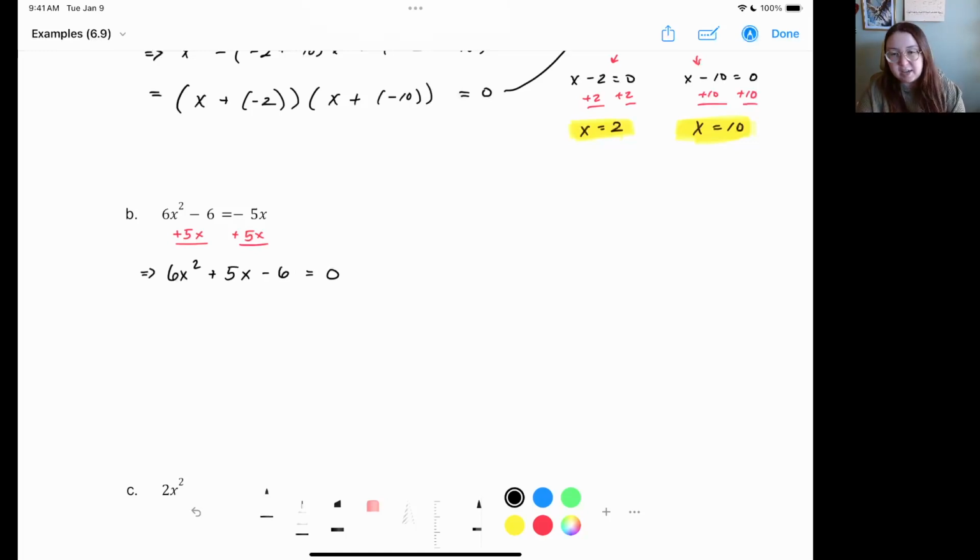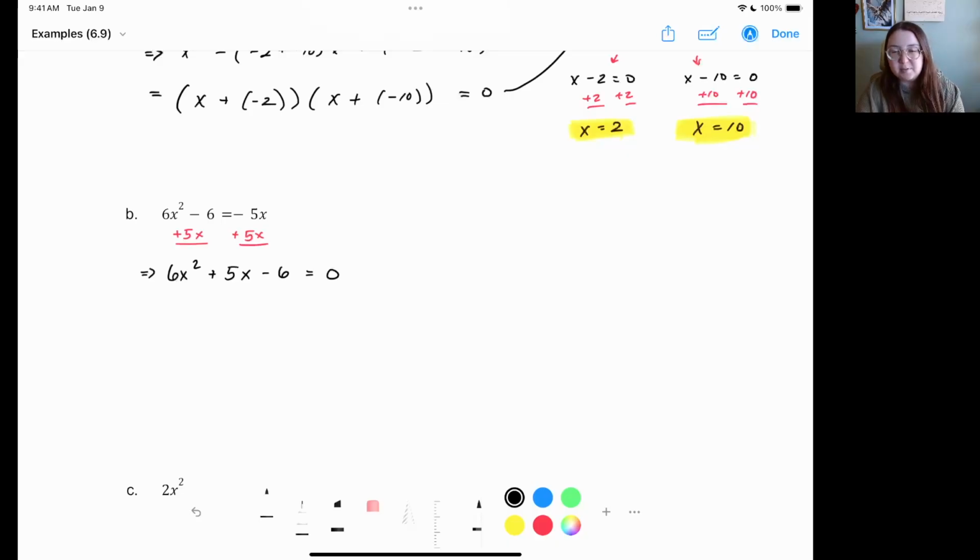And we see here that there is a coefficient in front of x squared. So a does not equal 1, so we can't use the factoring technique that we did for part A. Instead, we want to use the factoring technique for when a is not equal to 1.